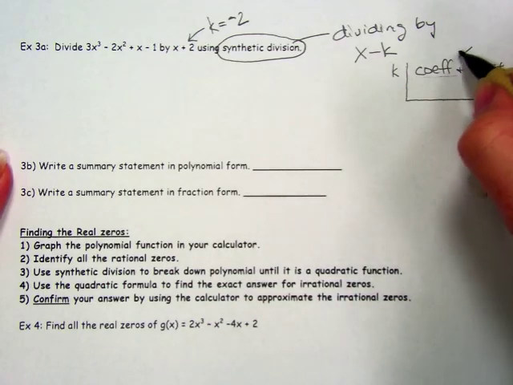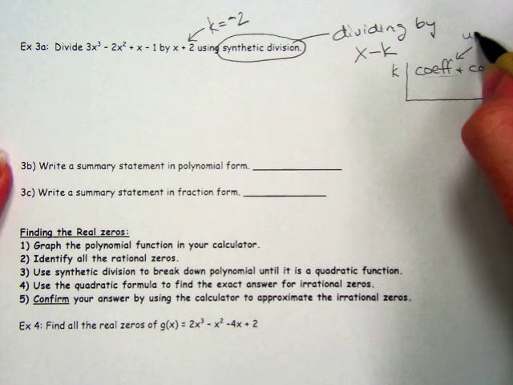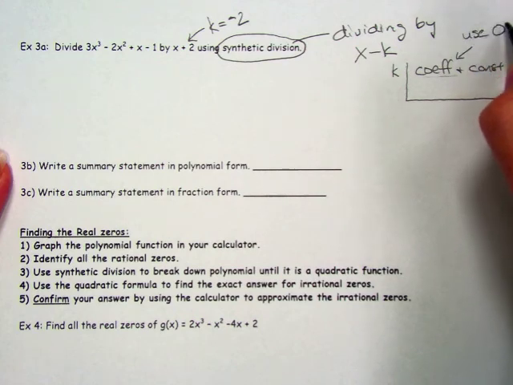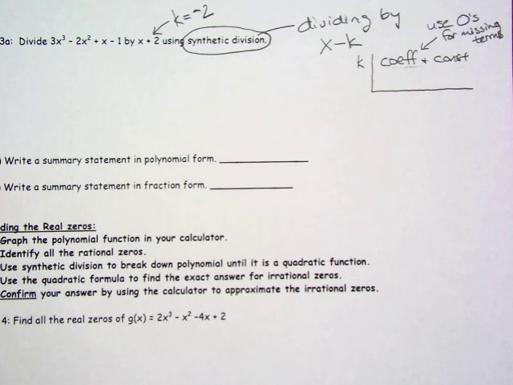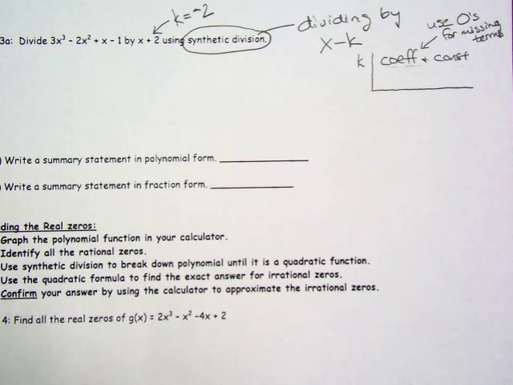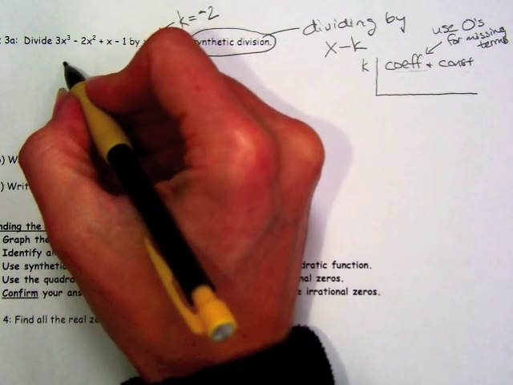And just like the long division, use zeros for missing terms. So if there's no x squared, put a 0 where the x squared would be. That's our setup.